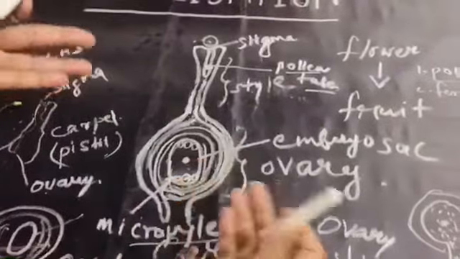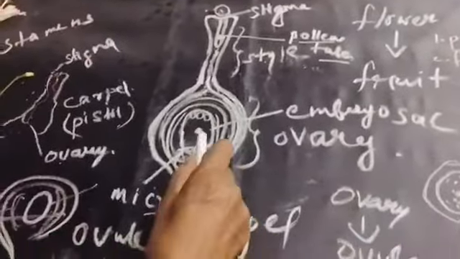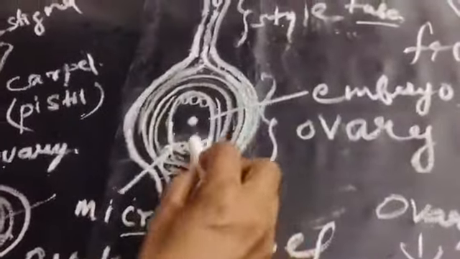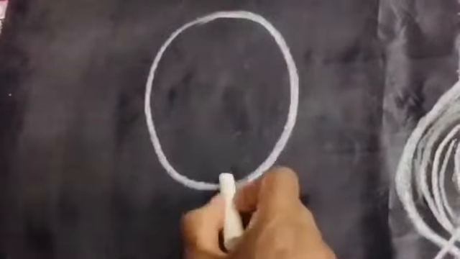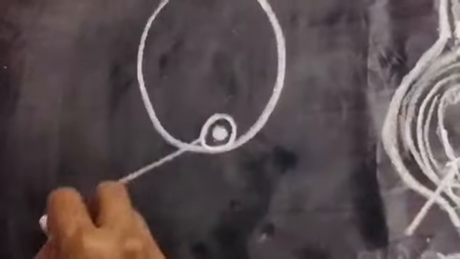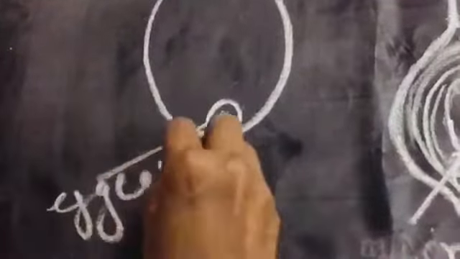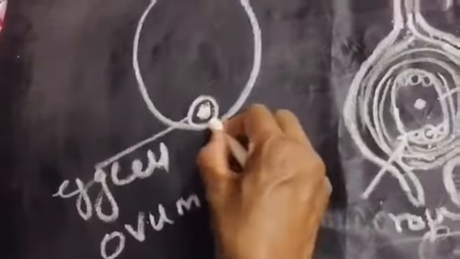Now let's see what are the structures inside the embryo sac. As I told you, the embryo sac is a multicellular structure. I am showing the embryo sac. This is the place of the female gamete, the egg cell or the ovum. This is the female nucleus inside the egg cell.